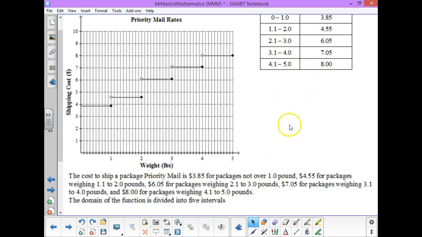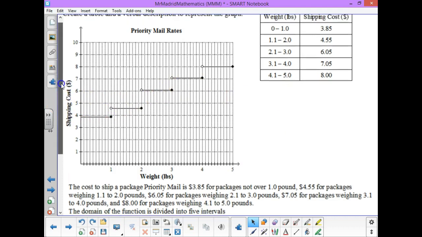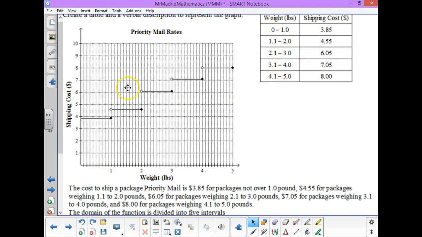Again, you can pause the video and analyze this a little slower. We've got $7.05 for packages weighing 3.1 to 4 pounds, and $8 for packages weighing 4.1 to 5 pounds. The domain of the function is divided into 5 intervals. By that, domain is your x's: 1, 2, 3, 4, 5.